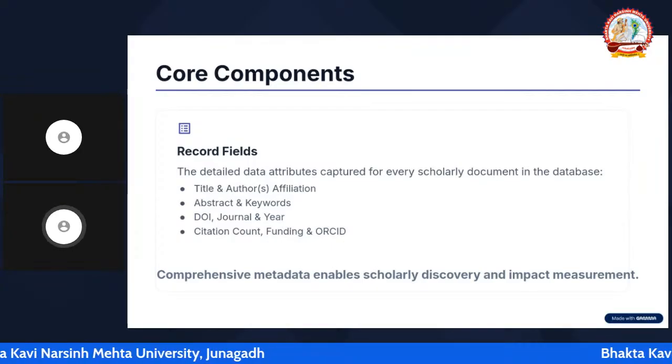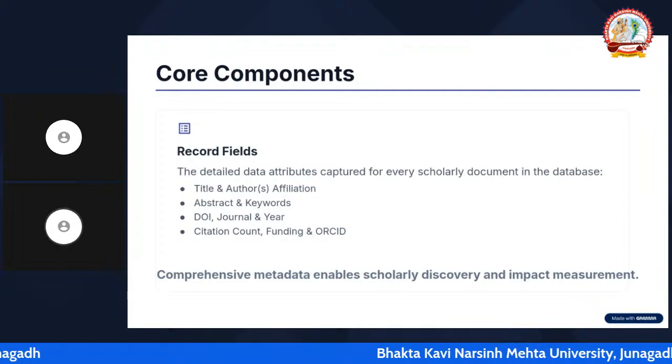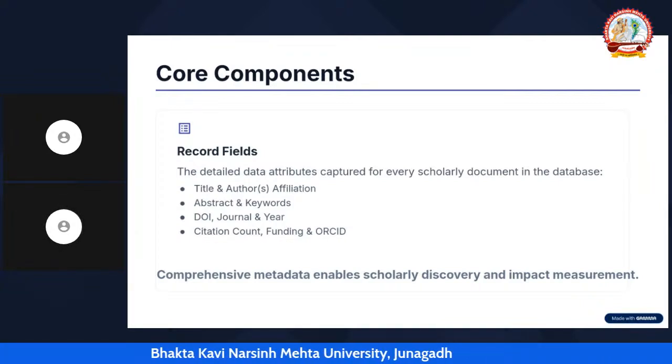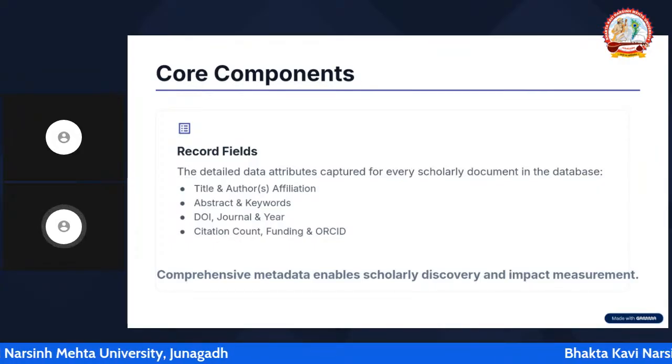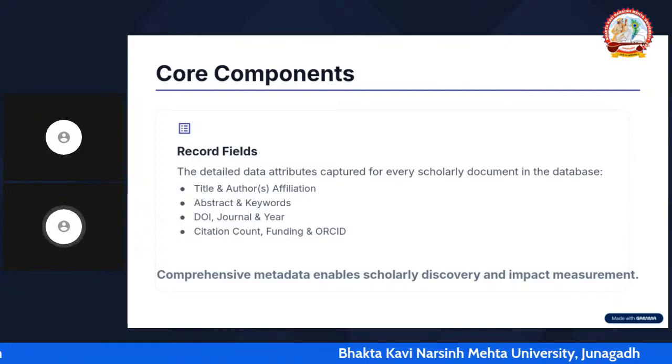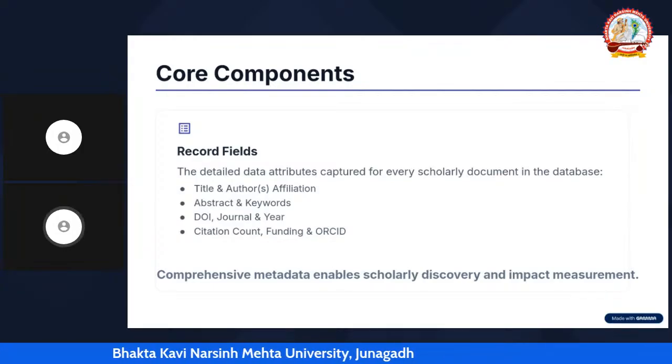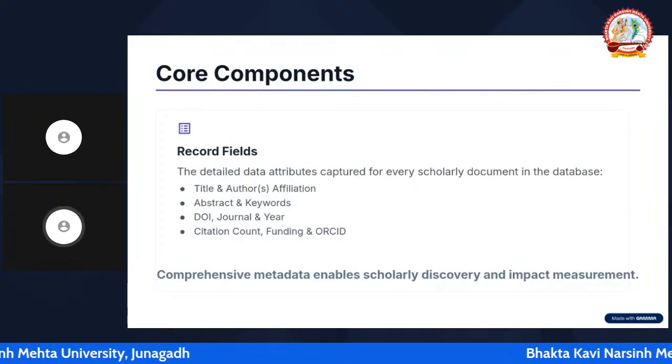We also identify the journal and year, in which particular year it was introduced. Citation count can be helpful for funding, as well as ORCID. So these are the core components related to a database. Recently, we discussed the role of documents in that database.